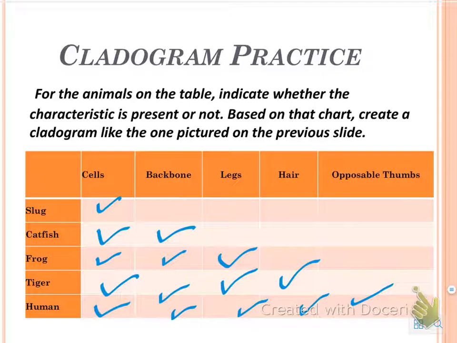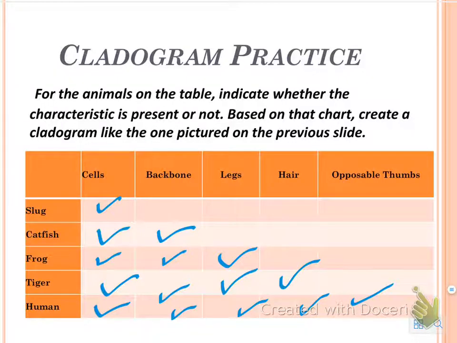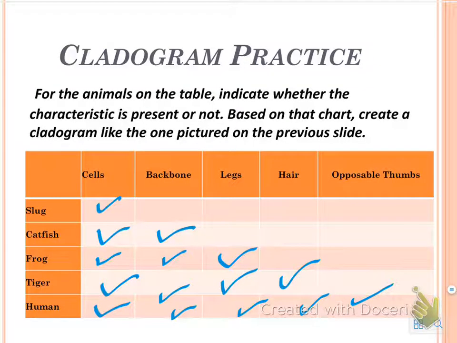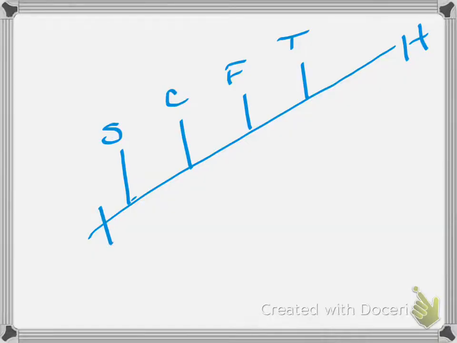We're going to go back and forth here a little bit. We're going to draw one. First we have a slug, then a catfish. We're going to do slug, catfish, frog, tiger, human. If we go back and look at our characteristics, cells, well, they all have cells.